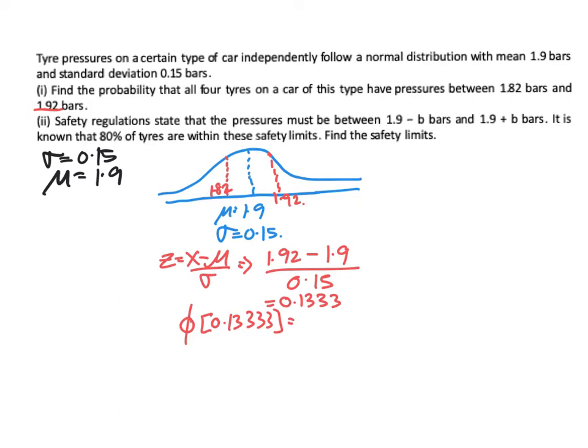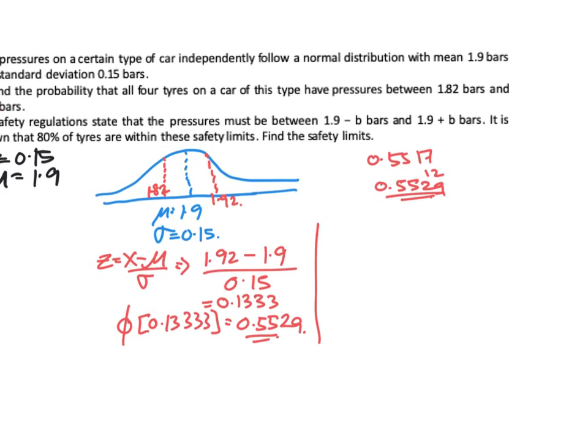I have 0.5517 and 0.3, so you add another 12, so what I have is 0.5529. So the answer is 0.5529. This is for 1.92, whereas for the z-score of 1.82, the same method.